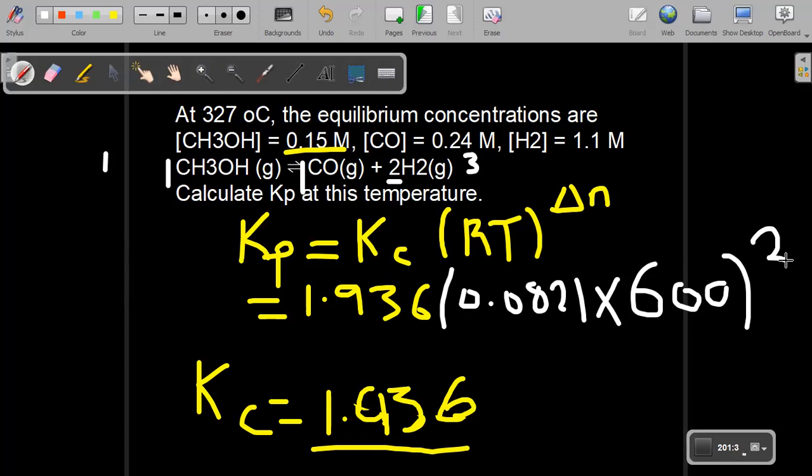Then get your calculator, multiply the 600 by 0.0821, square it, multiply the 1.936. So your answer is going to be equal to, let me even pick a different color.